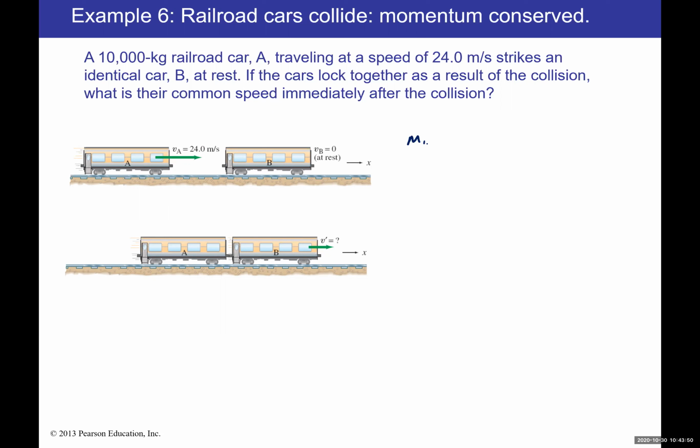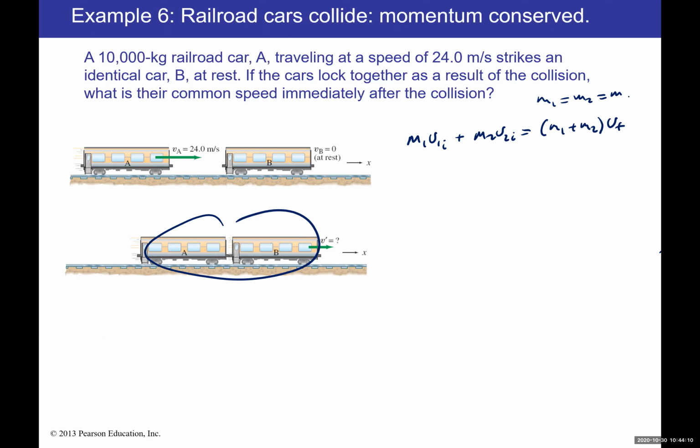So I can write M1 V1 initial plus M2 V2 initial, this is before the collision, equals, since I know they're coupled together, M1 plus M2 times V final. Because M1 equals M2, I can just put some M. And because object 2 was at rest, this is just M times V1 initial equals 2M V final.